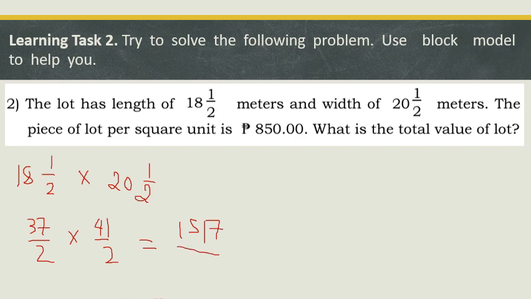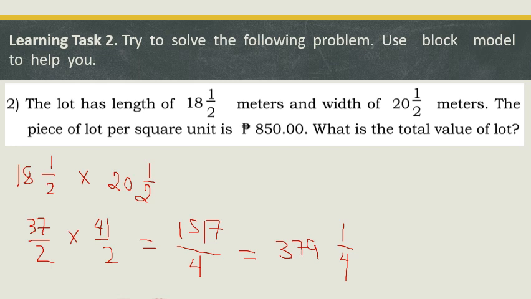Ang 2 times 2 is 4. So, ito ay improper, gagawin natin siyang mix. So, ang makukuha natin dito is 379 and 1/4. So, ito po ay yung total area na.